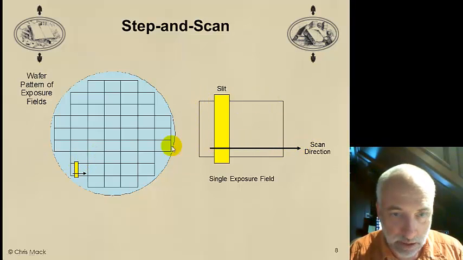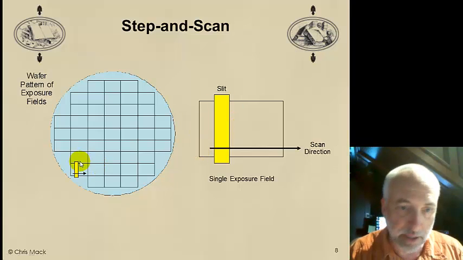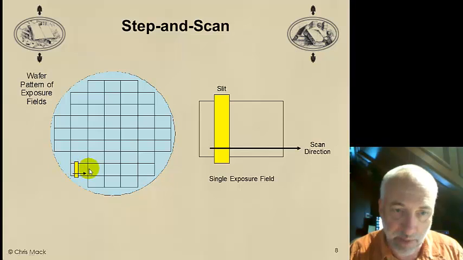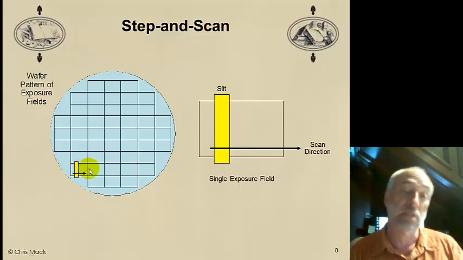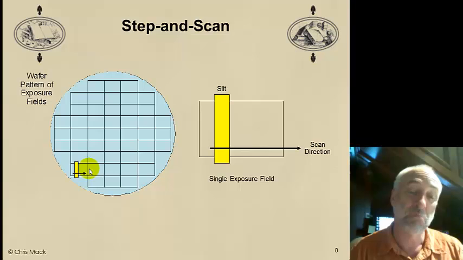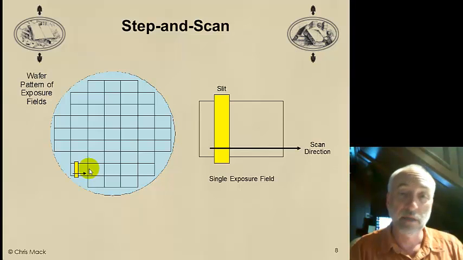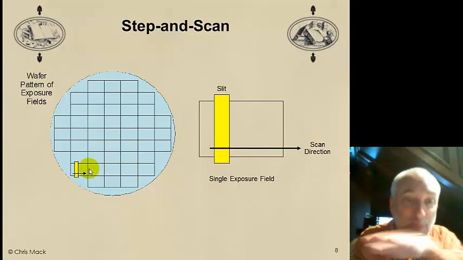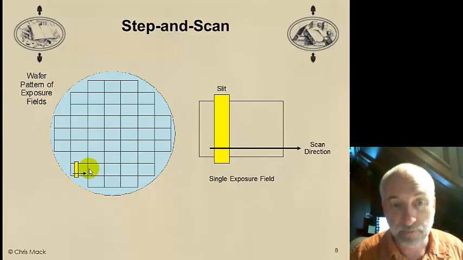So in blow up over on the right, on the left I see it in a full wafer pattern. So I have one field and I'm scanning the slit past it. Now actually the slit stays stationary, and the mask and the wafer scan simultaneously past that slit.